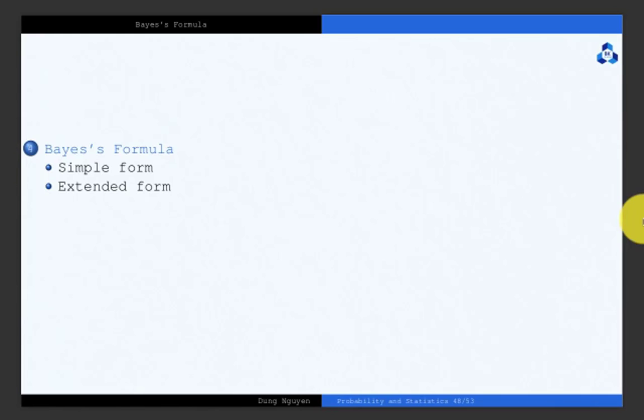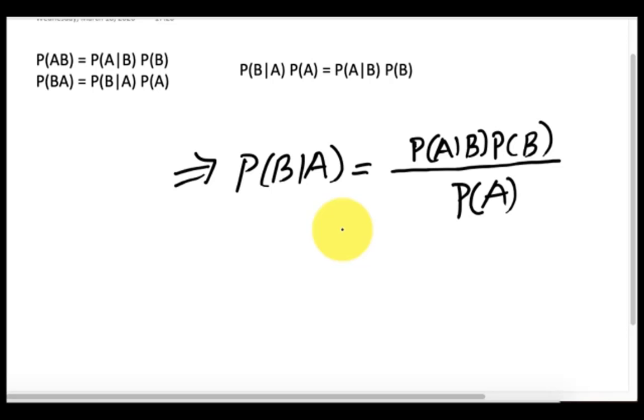I'm glad to introduce to you the Bayes formula, the last part of this chapter. It is easy to prove the formula. The probability of AB is equal to the probability of A given B times the probability of B. It is the product rule.